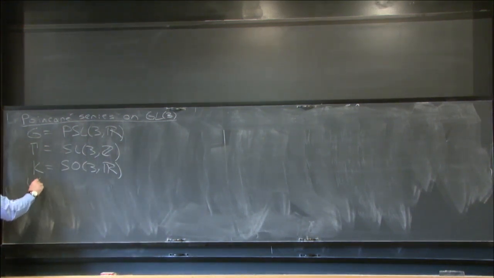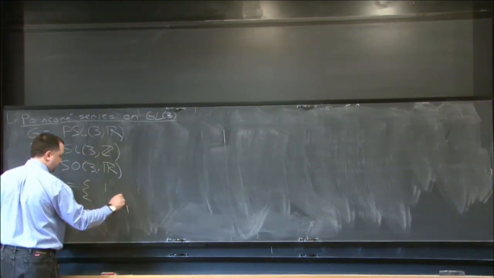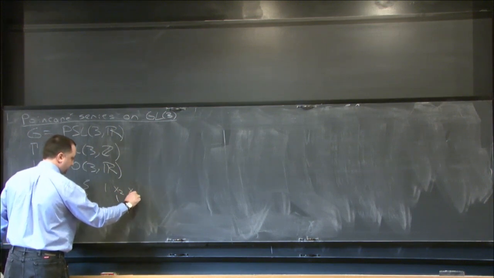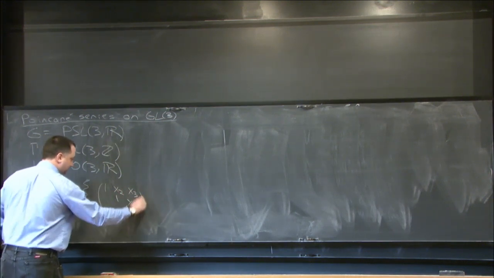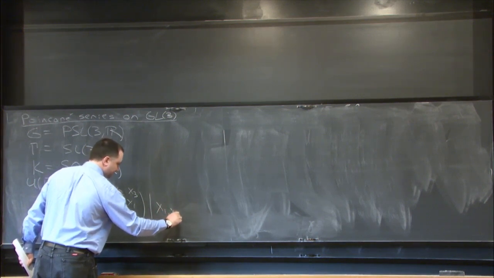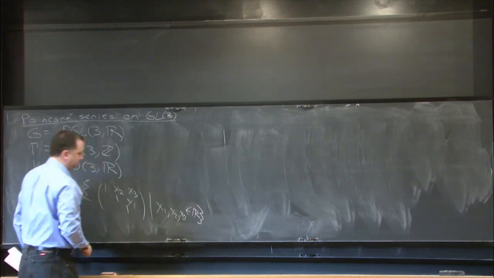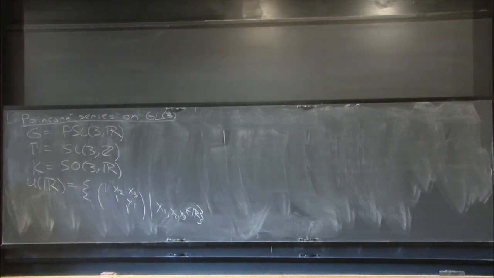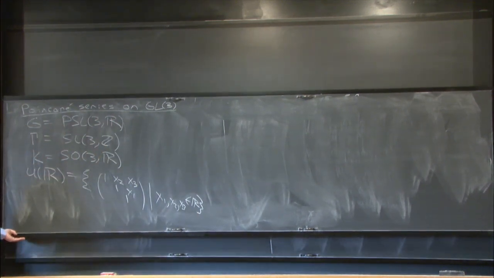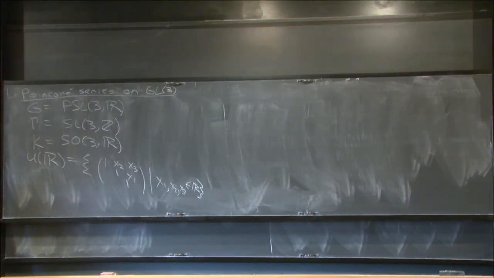We have U of R, the upper unipotent matrices, with entries 1, 1, 1, X2, X3, X1, where these things are in R. Then the diagonal matrices, which I want to write with a 1 in the lower right-hand corner.